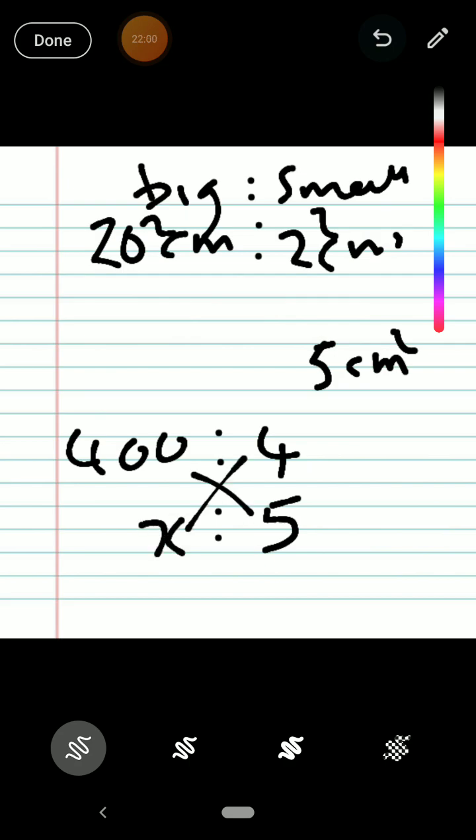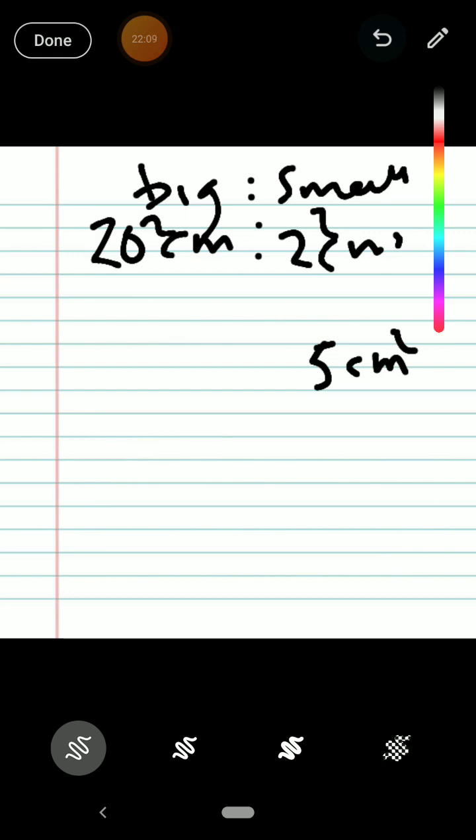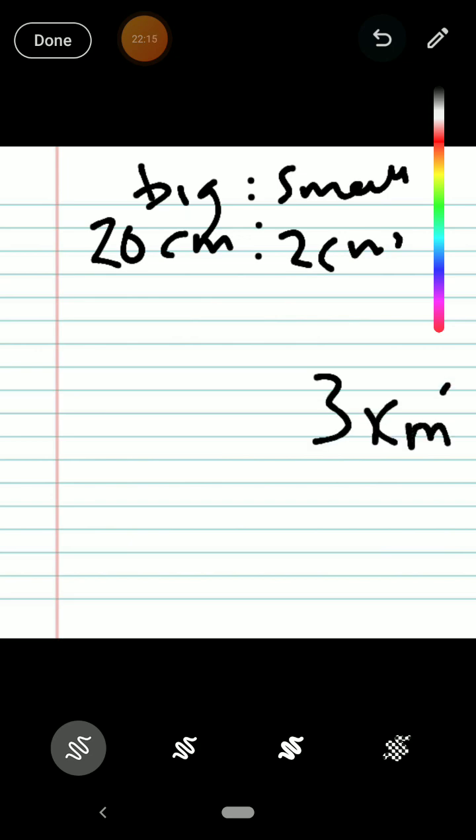Then you cross multiply. Again, they can say the volumes. They can say find the volume of the bigger jar if the volume of the smaller jar is 3, maybe centimeter cubed. So again, to get the ratio of volumes from the ratio of sizes, you have to do power 3.